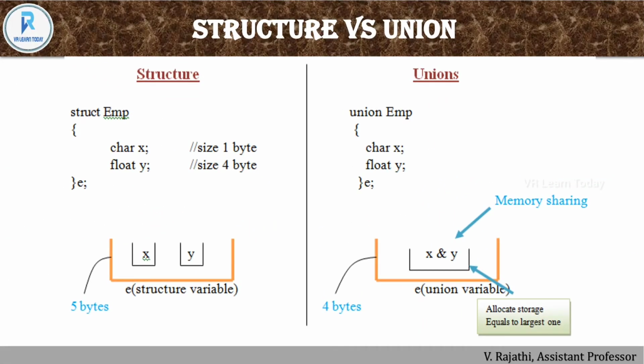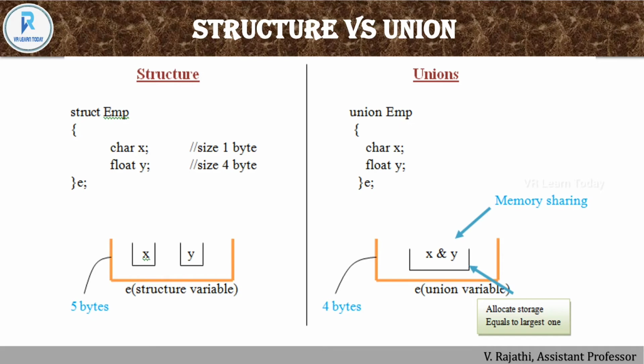So this is the structure and union example. The same members are used in both structure and union. In this format, a character is 1 byte and a float is 4 bytes, so totally for x and y it will take 5 bytes. 4 plus 1, 5 bytes will be allocated.